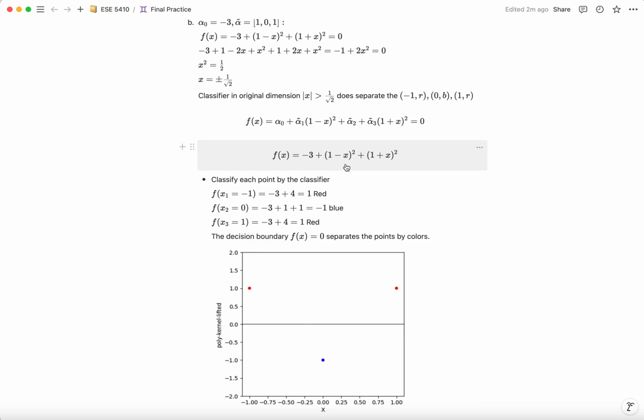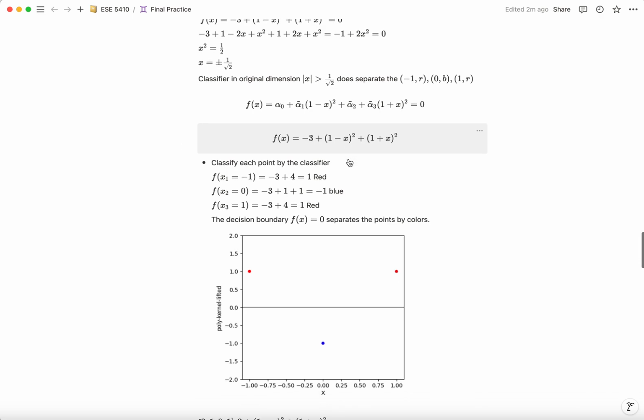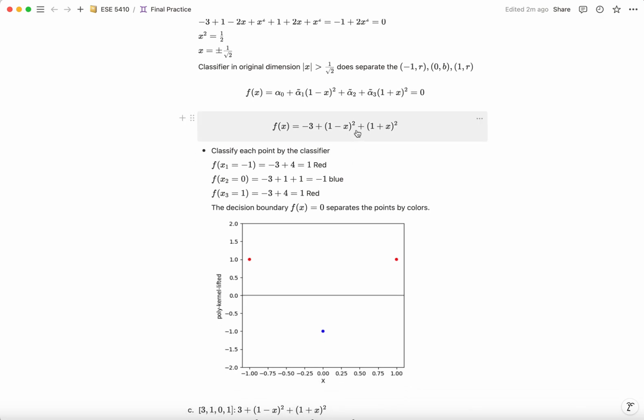And so for each value of x in the data set, we can put it in here. And if x is blue, we want f of x to fall on one side of 0. And if x is red, we want it to fall on the other side of 0. And that's how we would separate the data in the lifted space.